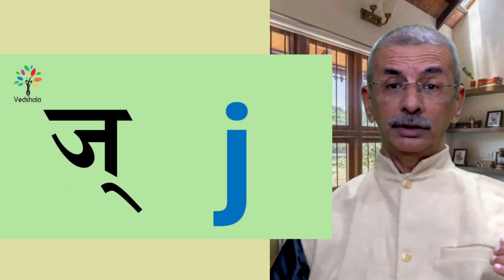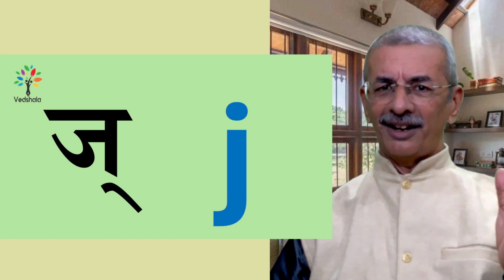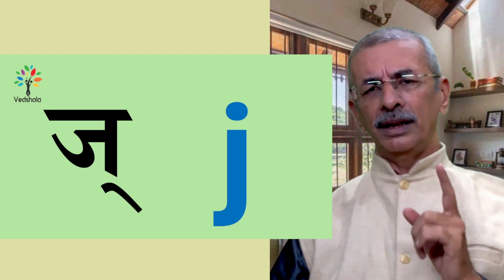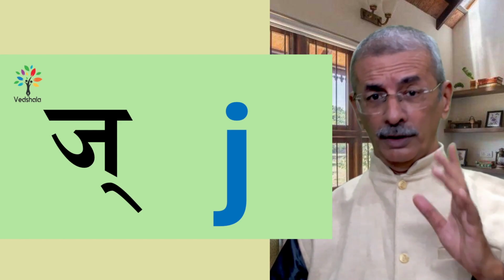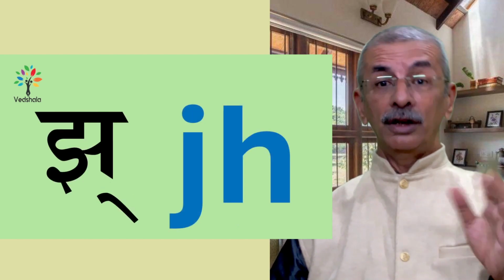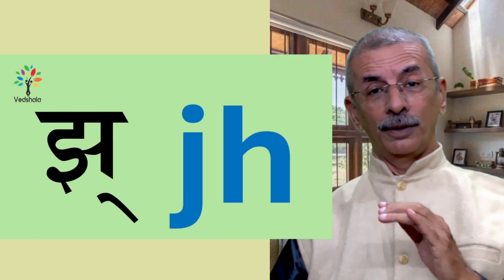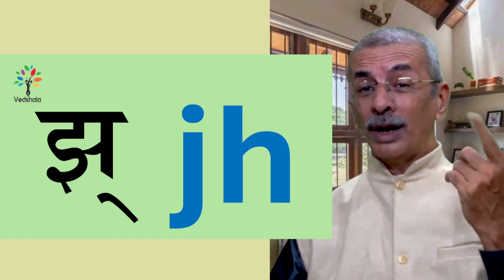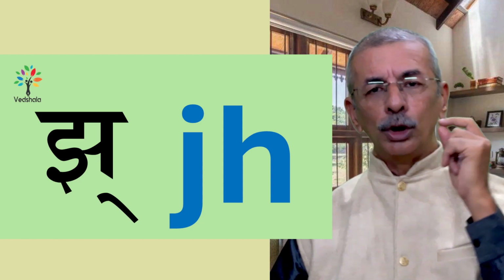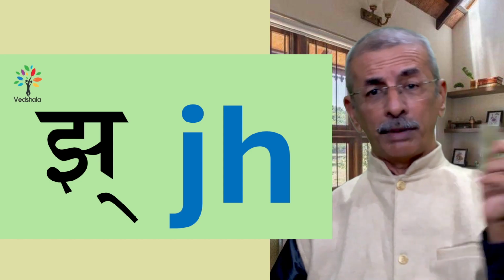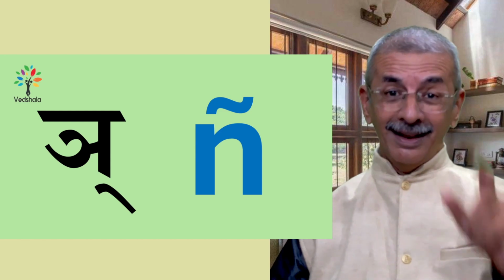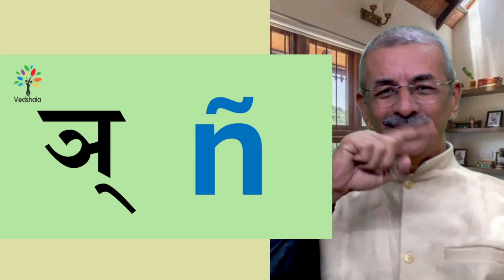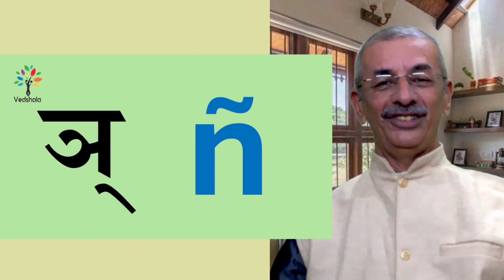And Ja, Jha. Mind it, every now and then I'm telling you all the consonants are half by itself. So Ja and Jha. And the Anunasika, meaning the minute nasal sound, of these four alphabets is Gyam, N and then a curve over it.